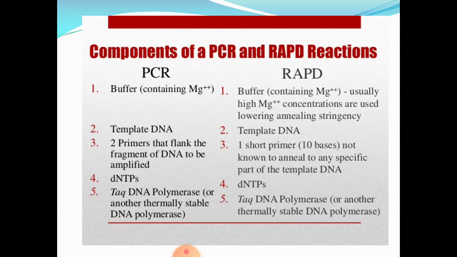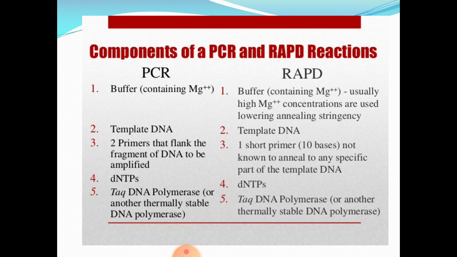Now, I told you the process is almost similar to PCR, but what are the differences or comparisons? This slide will tell you the components of a PCR reaction and the components of an RAPD reaction. See, in both the cases, the buffer contains magnesium ions.